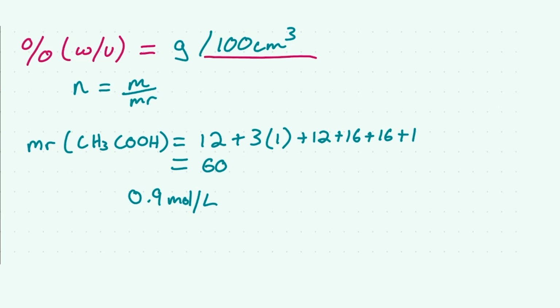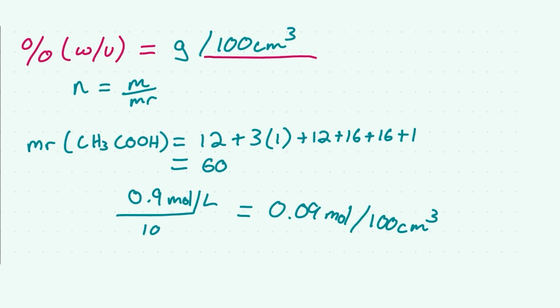So how do we get from litres to 100 centimetres cubed? All you do is just divide it by 10. So 0.9 divided by 10 will give us 0.09 moles per 100 centimetres cubed. It's going to be our n.